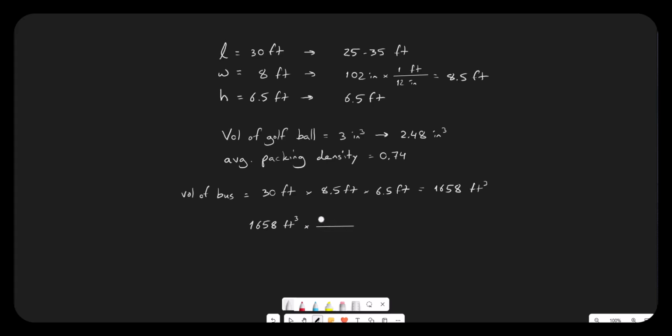Still have to convert to cubic inches, so 12 inches in 1 foot cubed. 1 golf ball is 2.48 cubic inches. And we have that packing factor of 0.74.